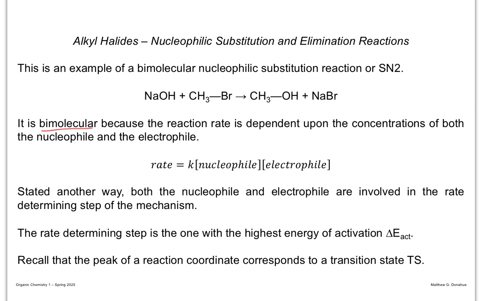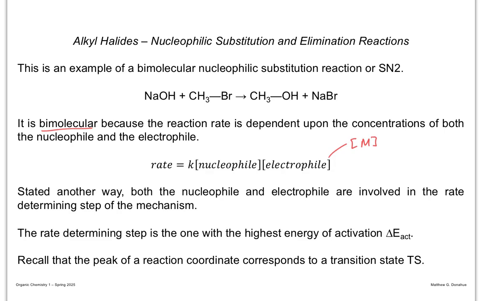So remember the nomenclature, the square brackets, we're going to use molar concentrations for that. So stated another way, both the nucleophile and the electrophile have to be present to react. So 2 things have to collide for the reaction to occur.